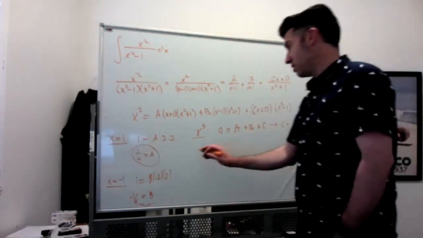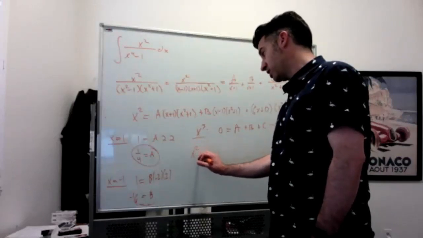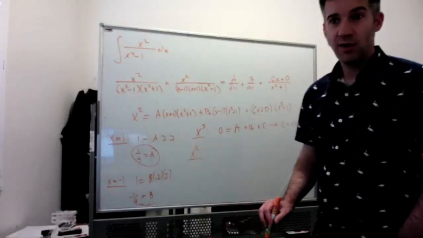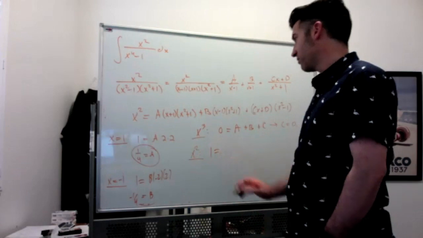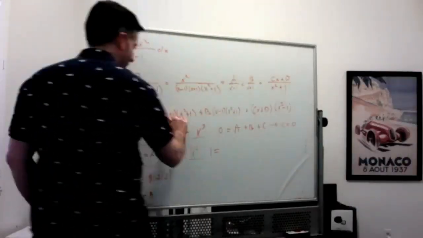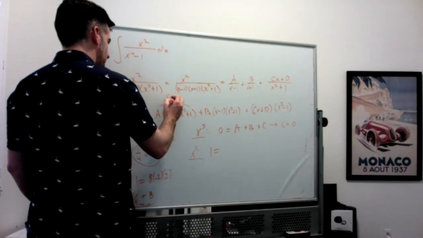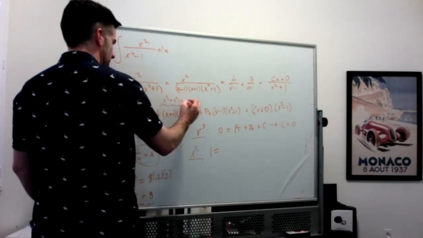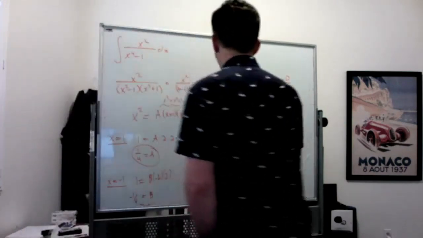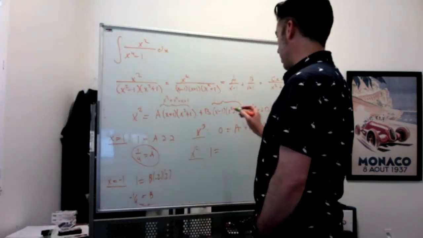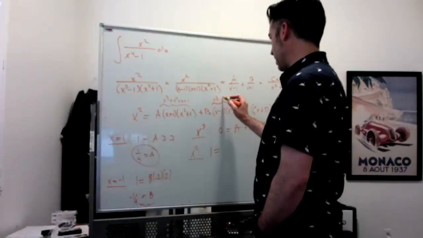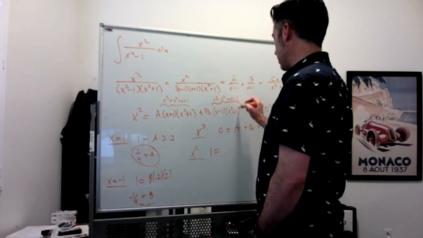Okay. Let's look at x squared. X squared is going to be a bit trickier. We have 1x squared on the left. If we multiply this out, this multiplies out as x cubed plus x squared plus x plus 1. We multiply this out, this multiplies out as x cubed minus x squared plus x minus 1.